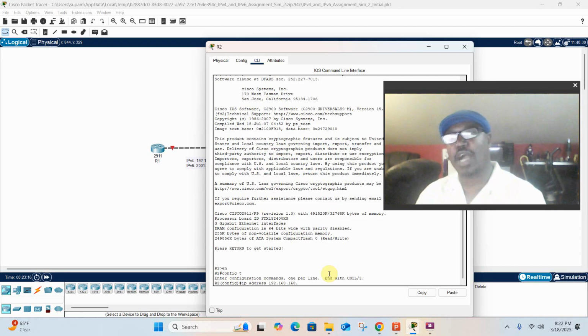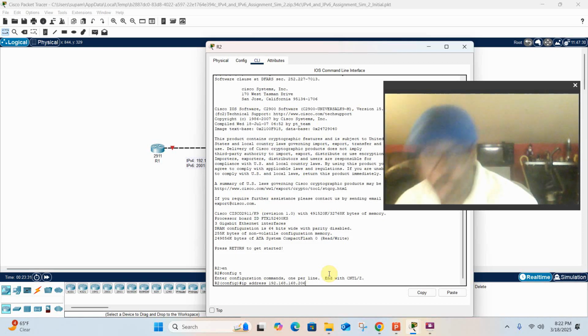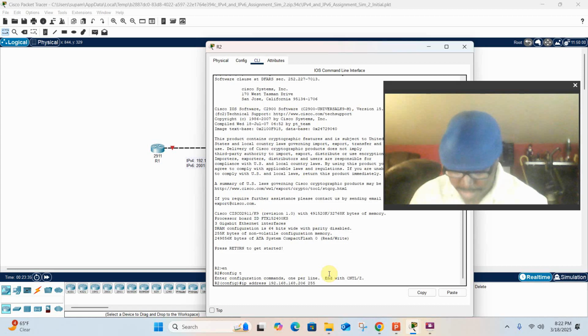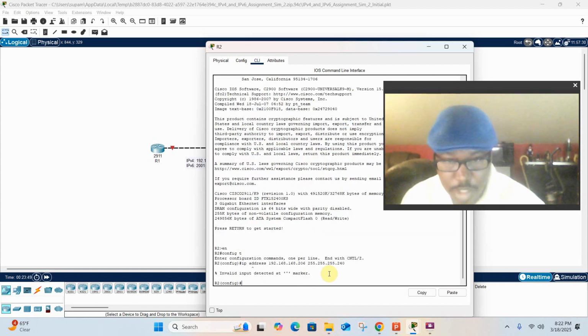The last usable IP address in that subnet would be, let's see, 206. Okay, that's right, 206. And we're going to use a subnet mask of 255.255.255.240. Okay, what did I do wrong?